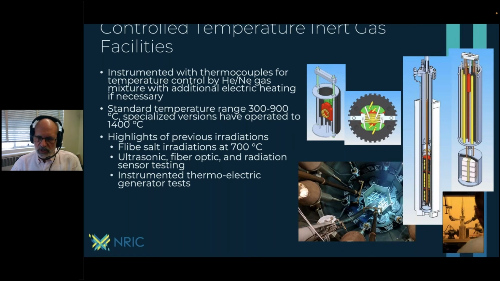The other experiment that you see there, which looks fairly complicated, was one to look at a thermoelectric generator, and so we were deliberately creating a fairly large temperature gradient across the sample using that graphite. The black section is a graphite heat sink, and that allowed us to test these thermoelectric generators in core.